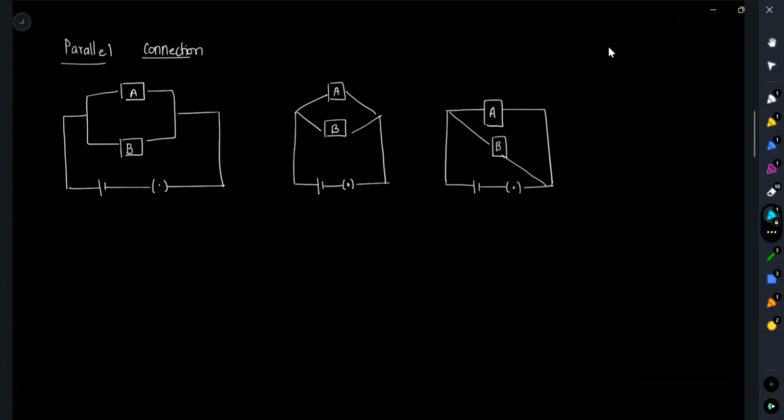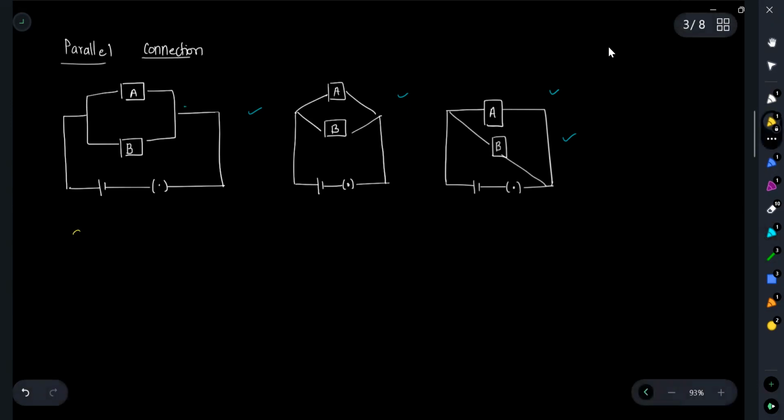There are different ways of drawing circuits, and all three mean the same thing. It will be very important because eventually you will learn to find the resistance of a system of resistors, in which it is very important to identify parallel connection. Even though these two do not look the same as this one, technically they are the same. Okay. So this is parallel connection, when they are connected in parallel to each other.